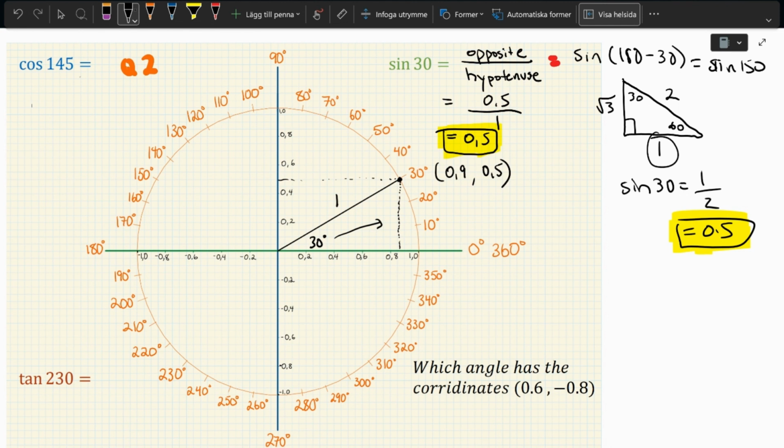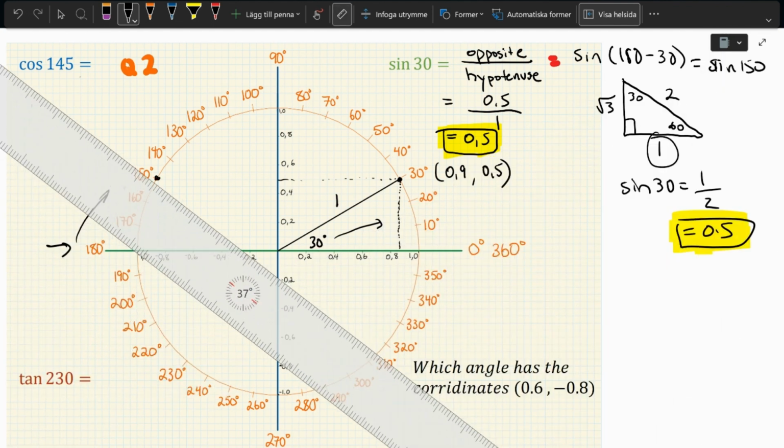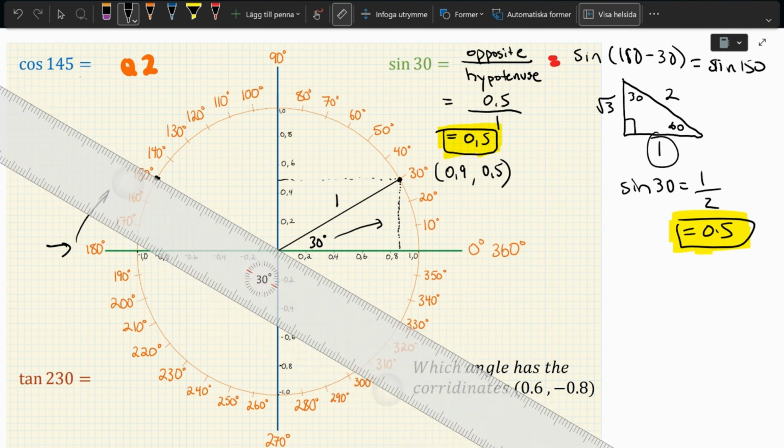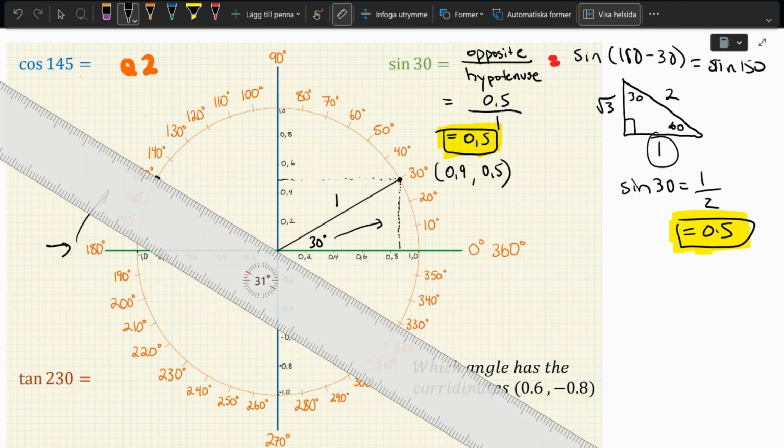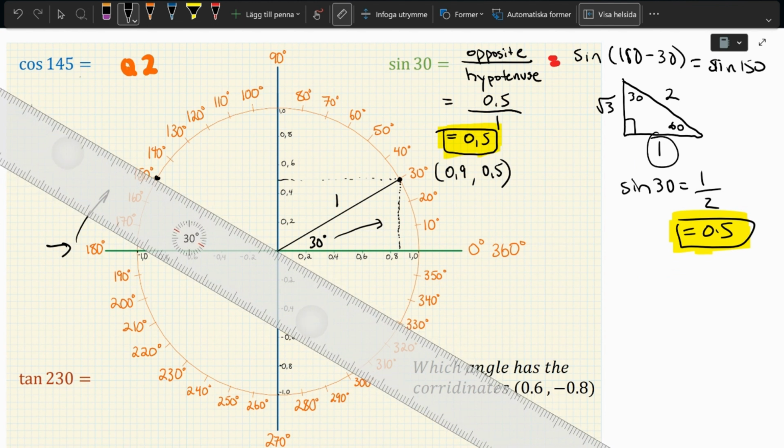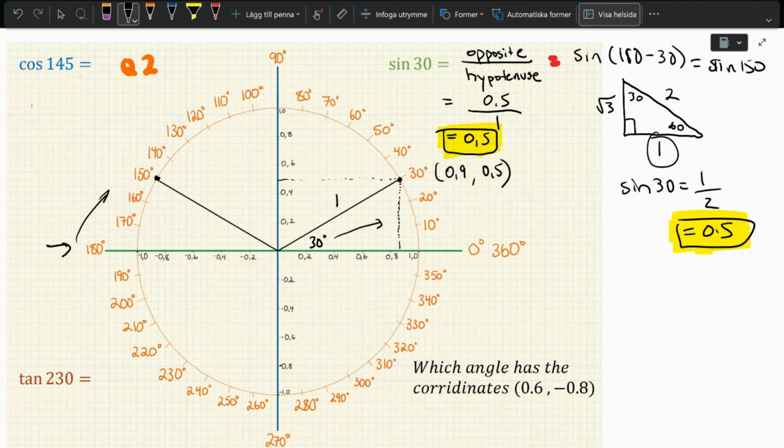So if we look at the 180 along the x-axis, we go up 30 degrees, we'll end up at 150.